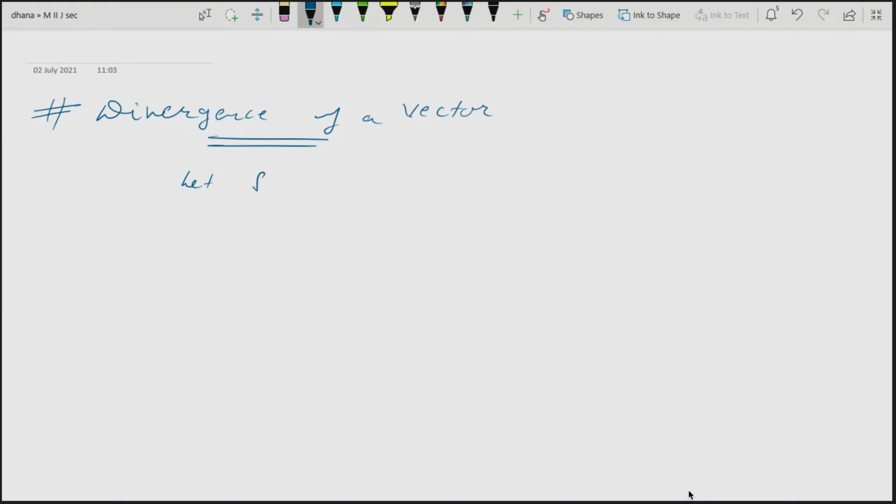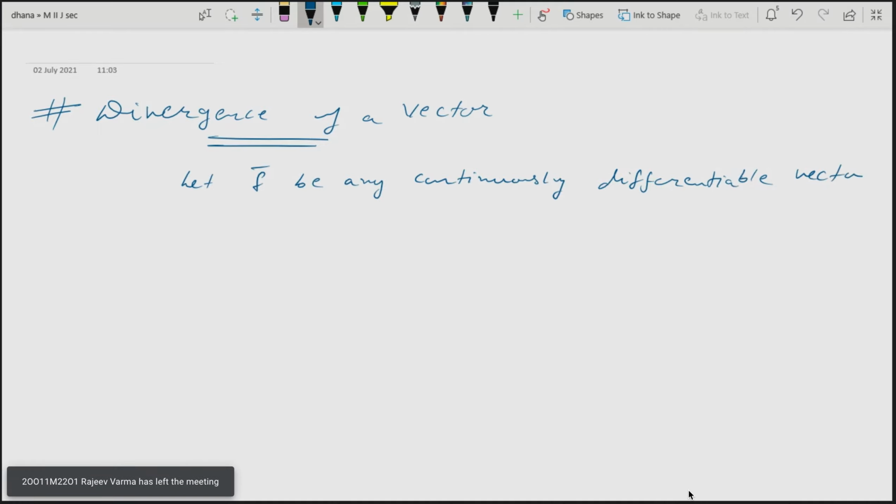So you take a vector, suppose f bar be any continuously differentiable vector point function. You write down along with me all these definitions.